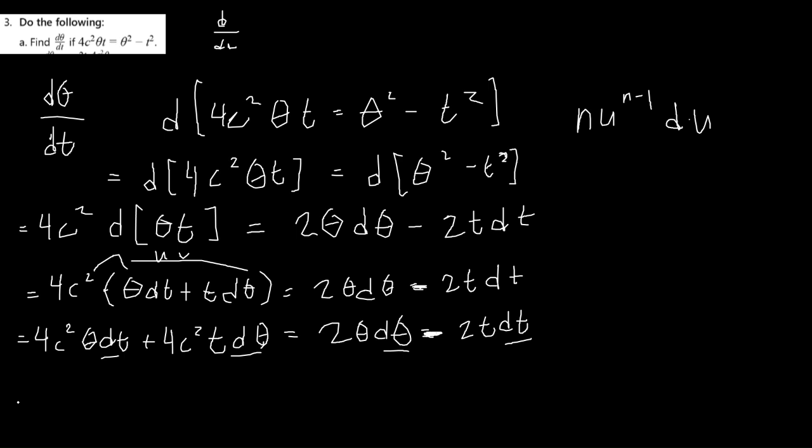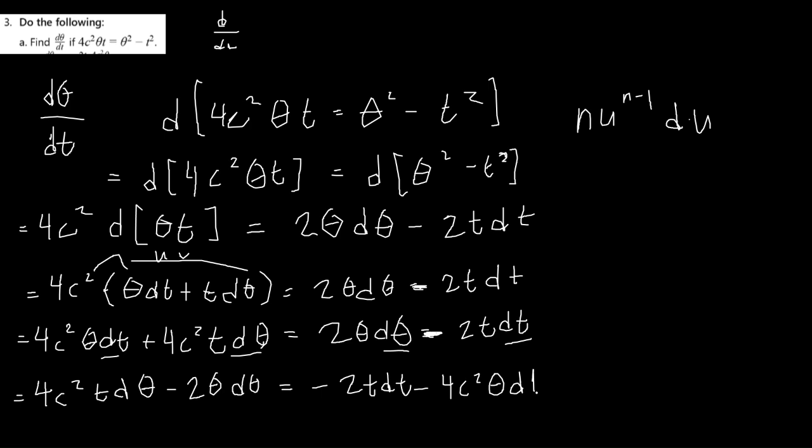So this will become 4c squared t d theta minus 2 theta d theta, and then equals minus 2t dt minus 4c squared theta dt.